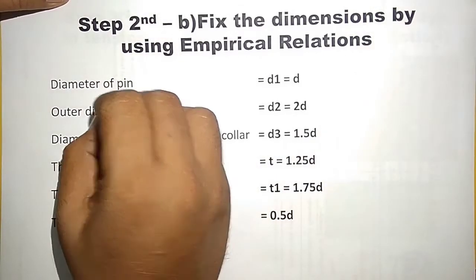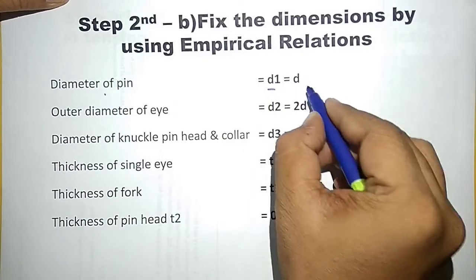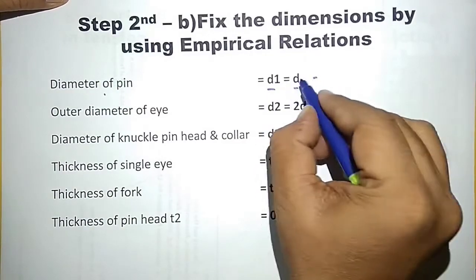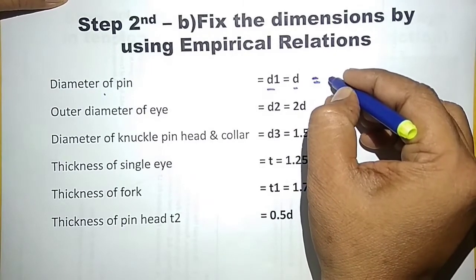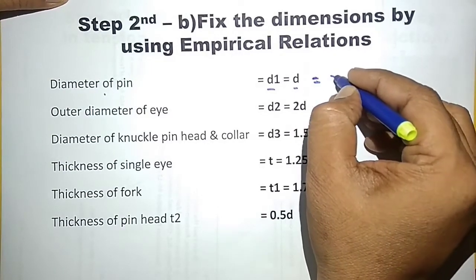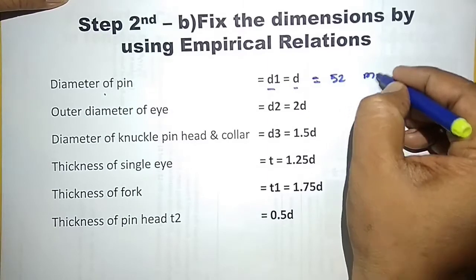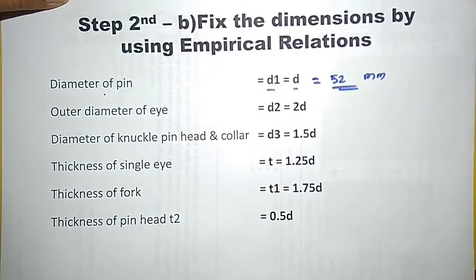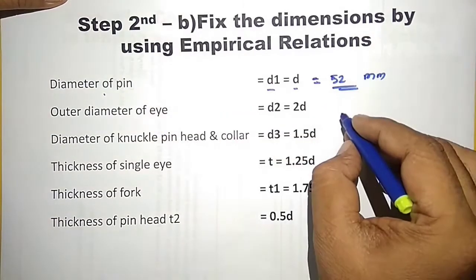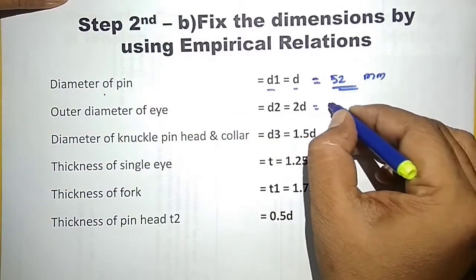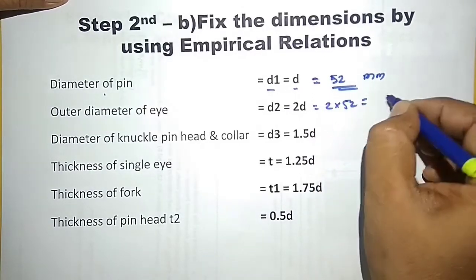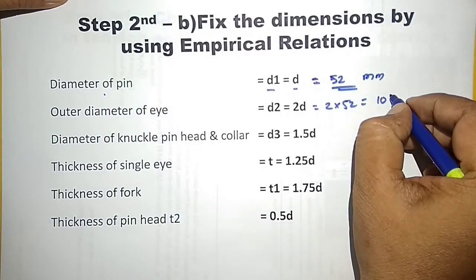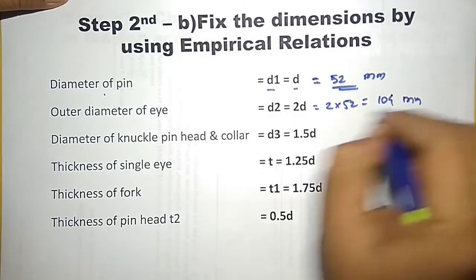The diameter of pin d1 is equal to d, so d1 will be 52 mm, as already considered. The outer diameter of an eye is 2 into d, 2 into 52, which is 104 mm.